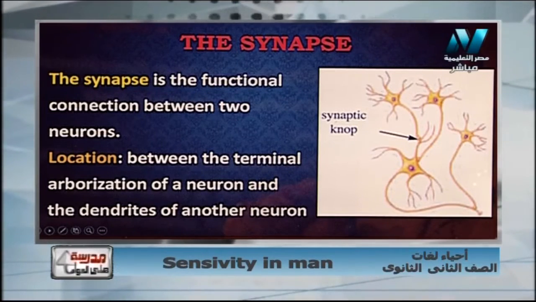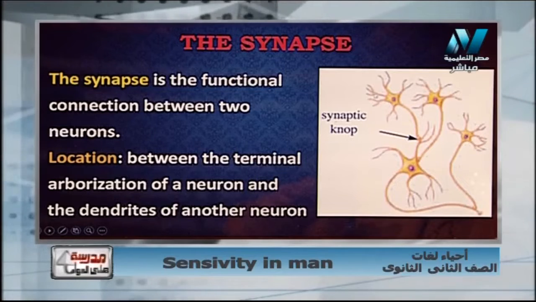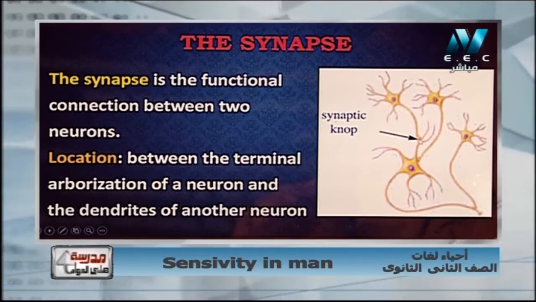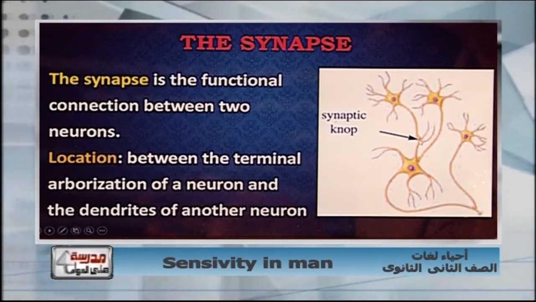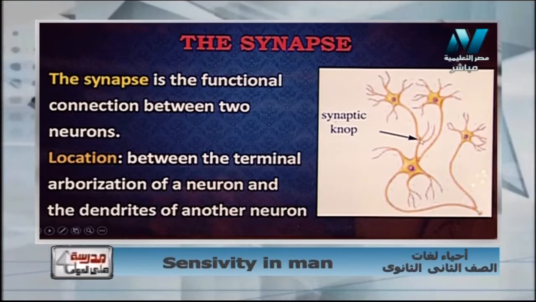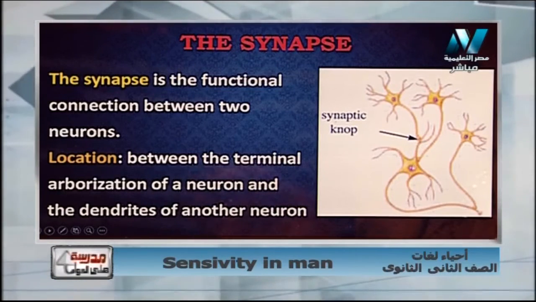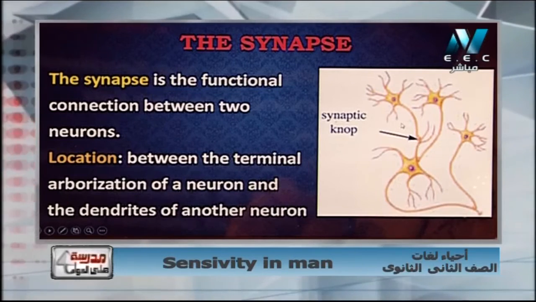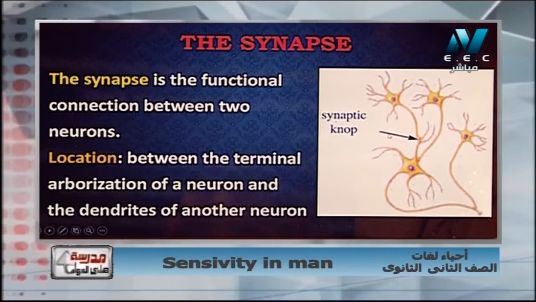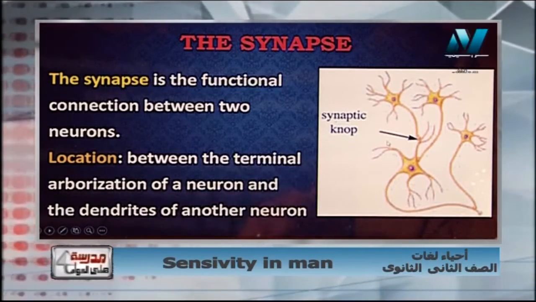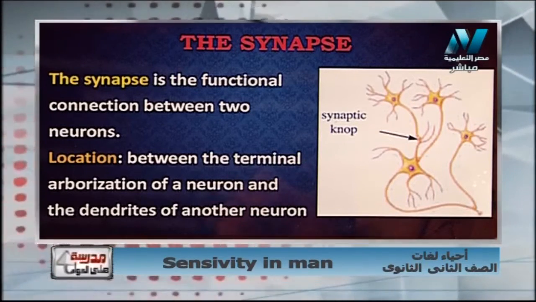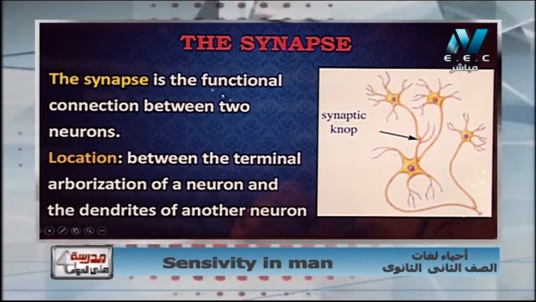So we have this neuron, which starts with the cyton and then the axon, and the axon has terminal arborization, which comes very close to the dendrites of the next neuron. And this is called the synapse. The location is between the terminal arborization of one neuron and the dendrites of another neuron. This is the synapse.